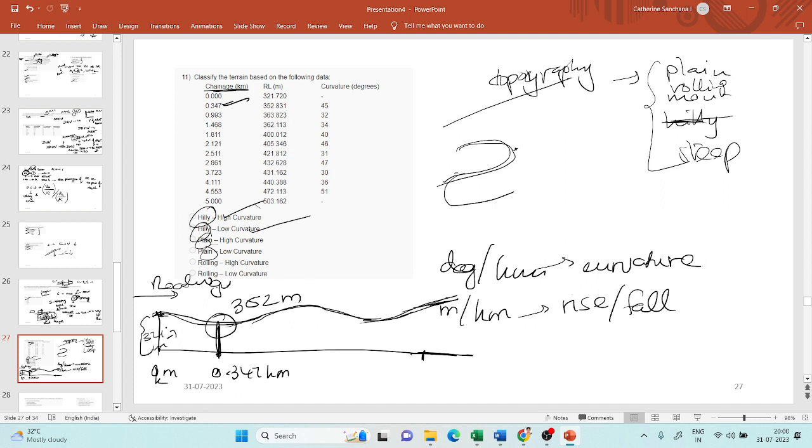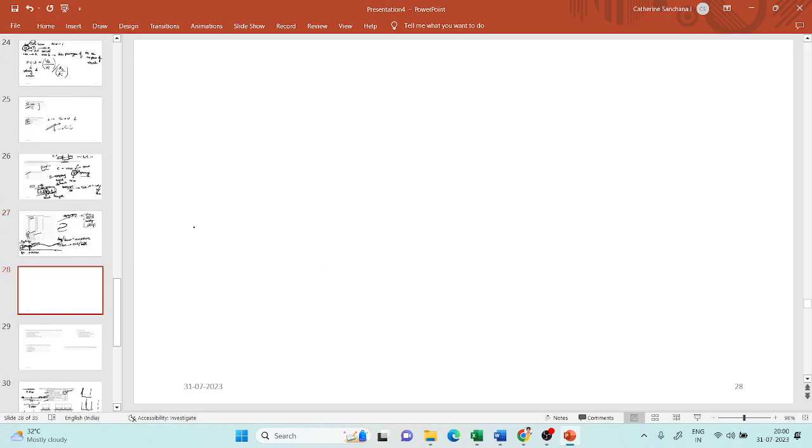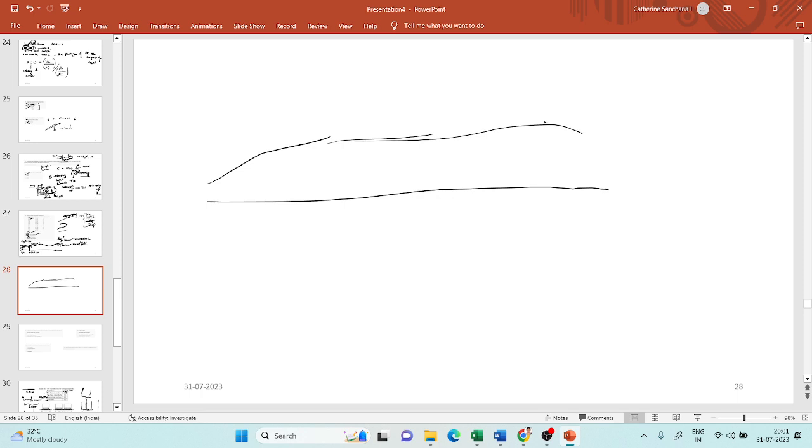So it means that it has increased. Let me draw it again. So this is my longitudinal profile. This is my road.